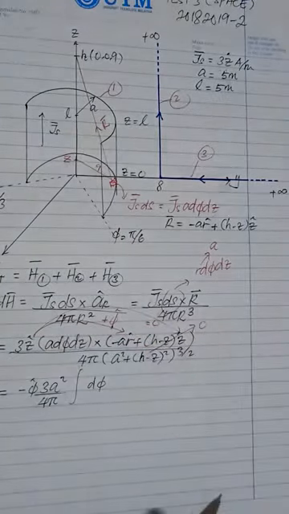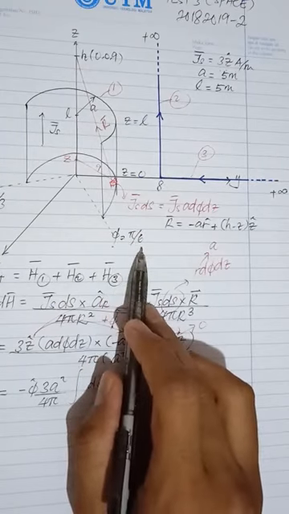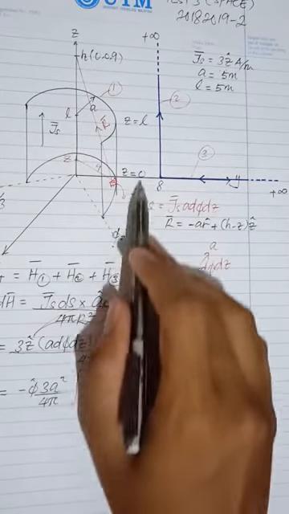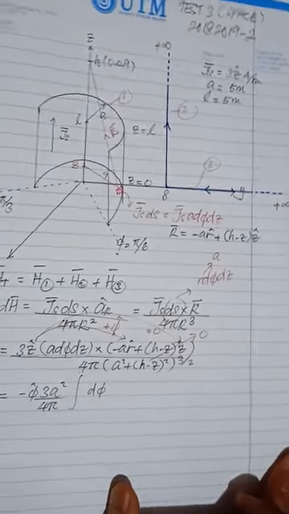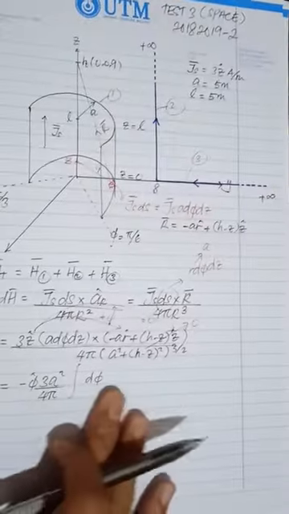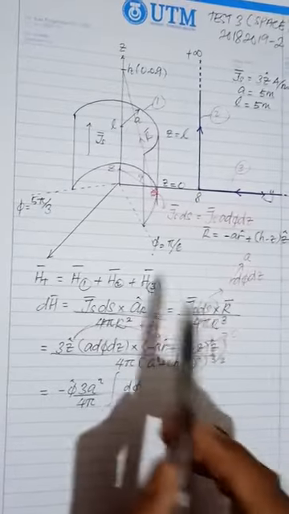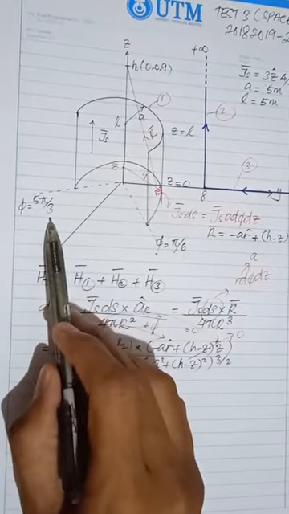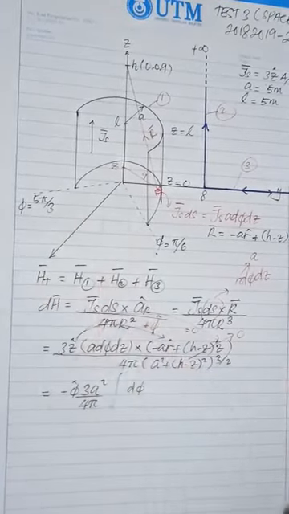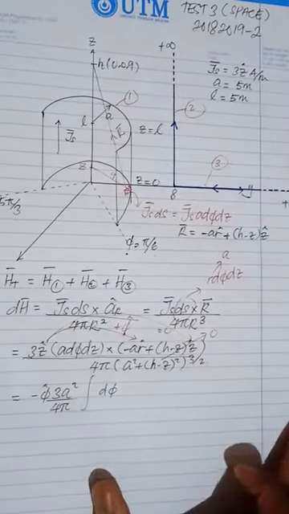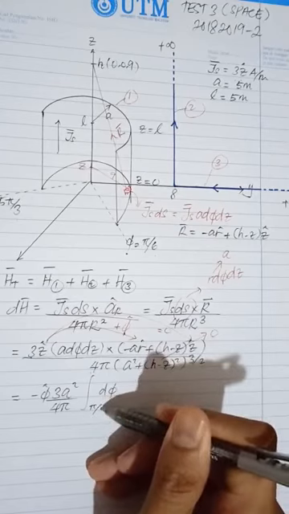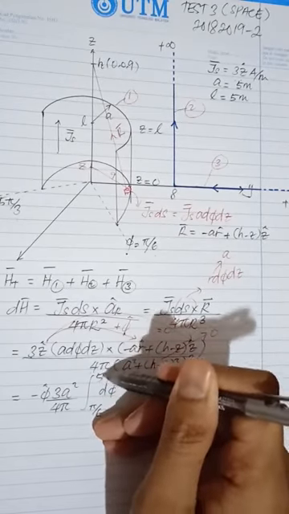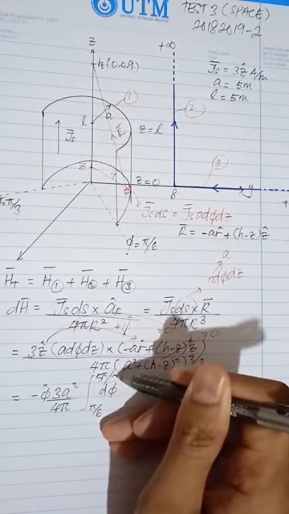You see from the diagram, the φ here starts from π over 6 or 30 degrees until 5π over 3 or 300 degrees. So just put the limit of φ, π over 6 until 5π over 3.